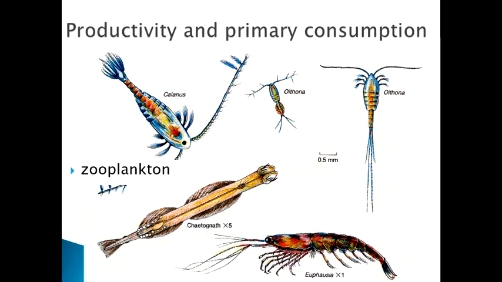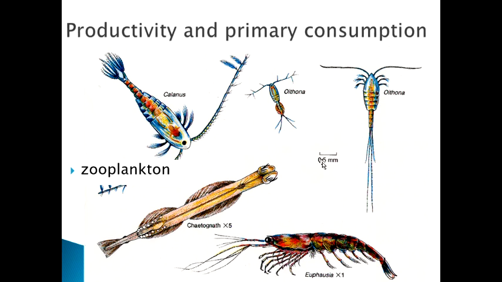If we look now at what the zooplankton are, what is rapidly processing this primary production. The first level of heterotrophs are a whole suite of things like what you see here. Probably the most abundant one is this thing in the bottom here, this little shrimpy critter, this euphausid.